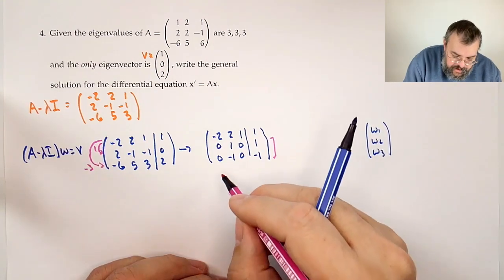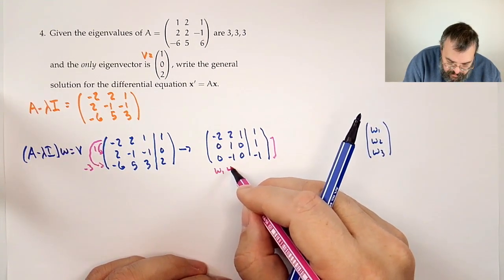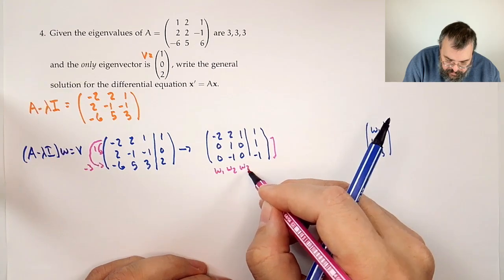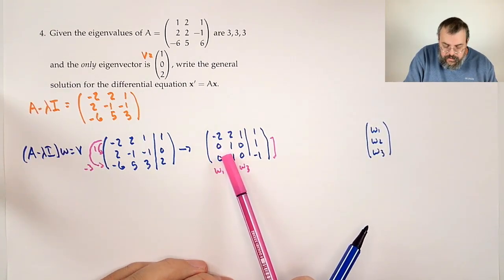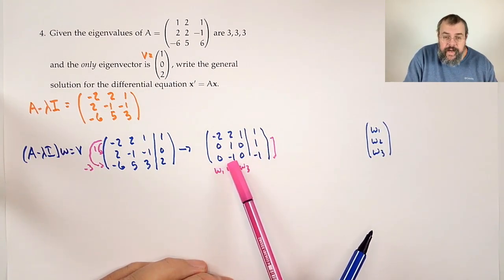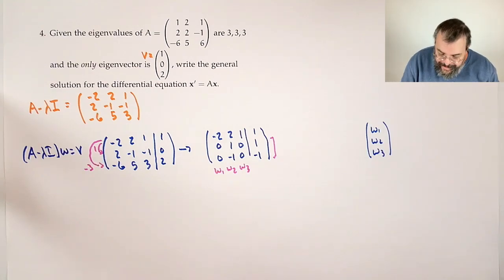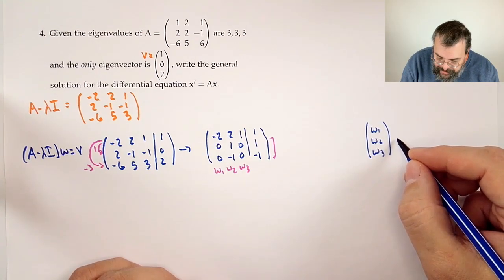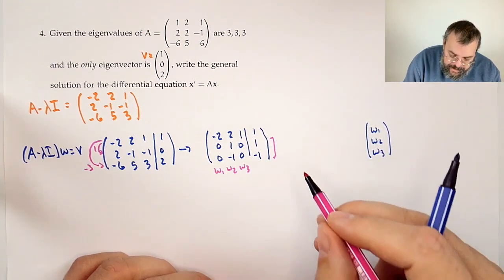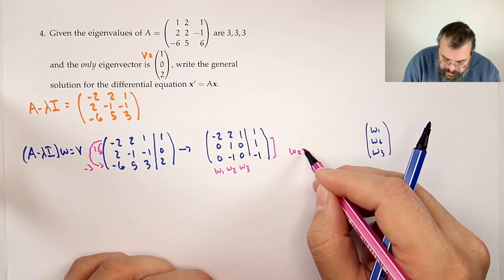Well, the entries are telling us that w2 equals 1, minus w2 equals minus 1. In either case, w2 better be 1. All right, great. So now we have our w2 equals 1.